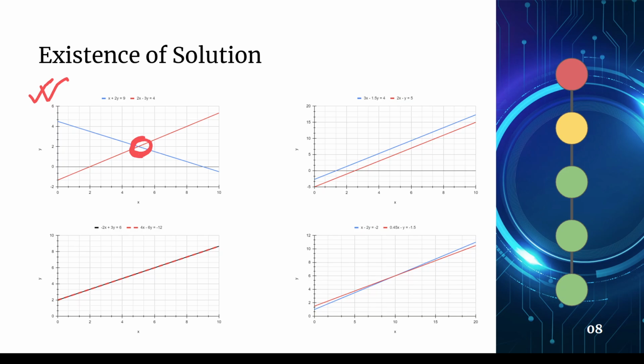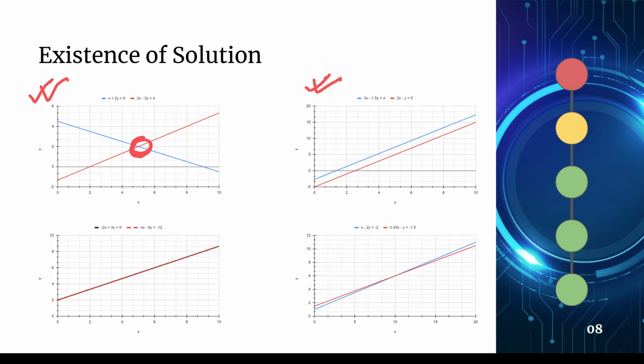Okay, what about this one? This is the second equation, and we can easily see that they look quite parallel. In systematic terms, they will meet each other at infinity, so they are not meeting over here, and to be honest we can call them parallel.